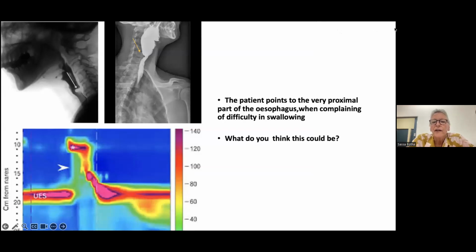There we go. Okay, so the first patient pointed very much to the upper part of the esophagus when she described that she had difficulty swallowing. So what do you think this could be? It could be a stricture, could be a web. It's very proximal.